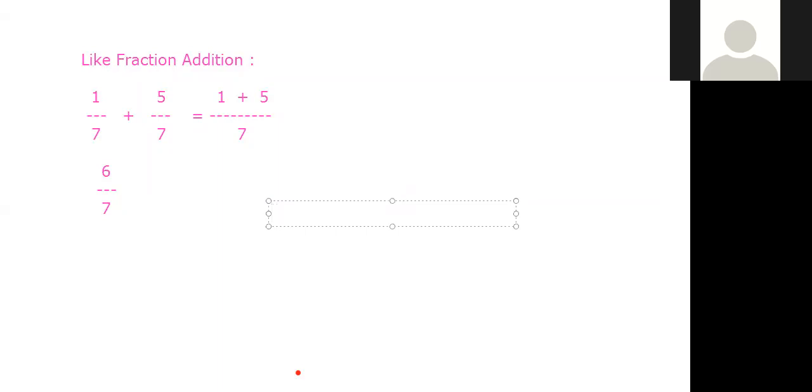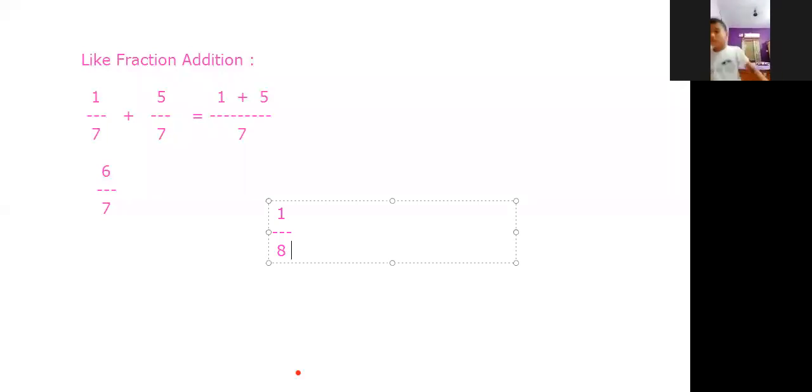The numbers are 1 by 8, plus 3 by 8, and we get another number as 3 by 8. I'm going to show you the three fractions, and what we have to do when we add them.